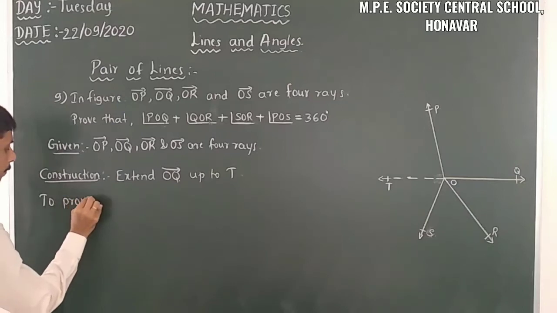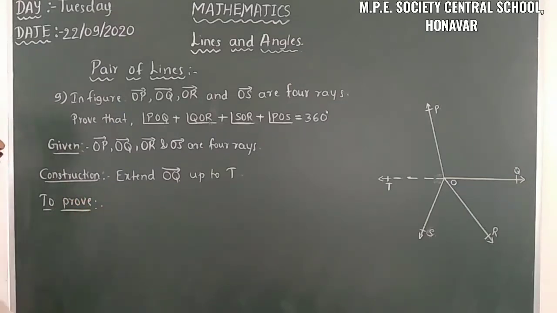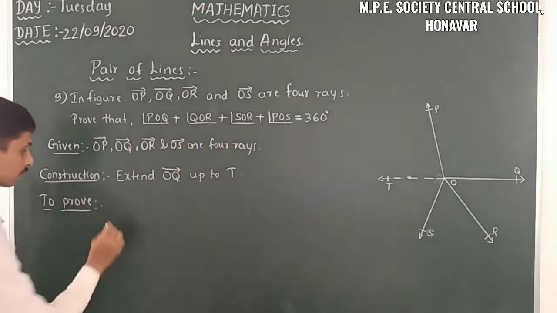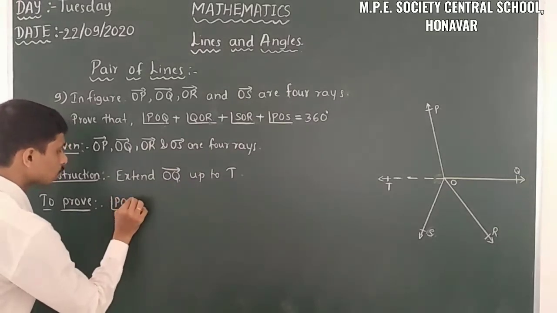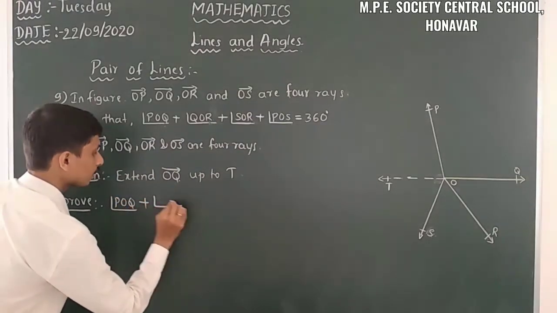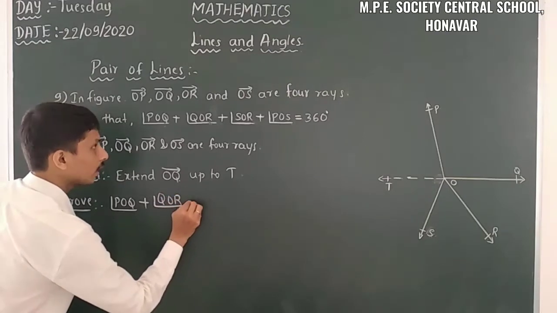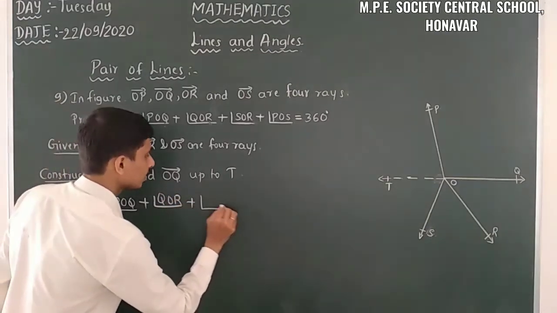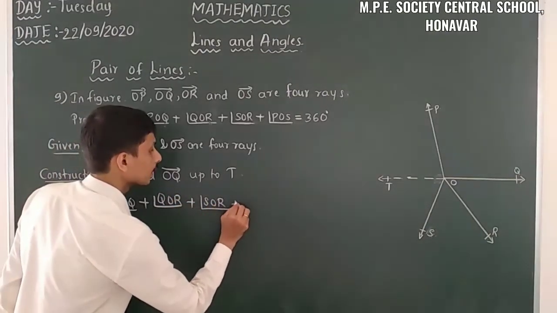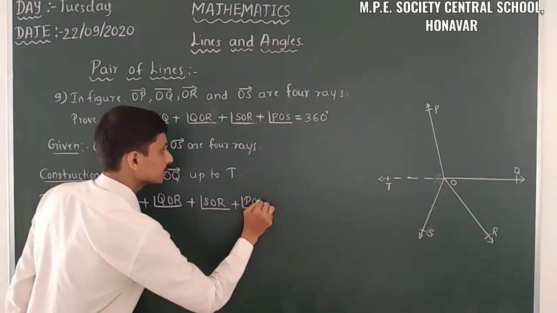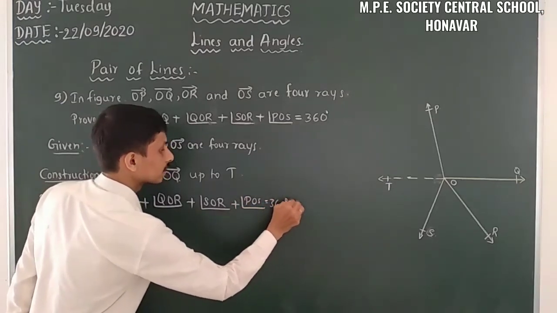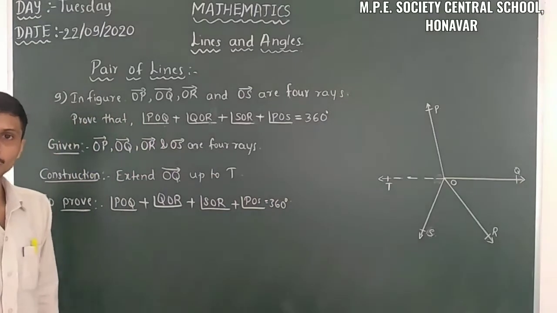To prove, we just have to write this one: angle POQ plus angle QOR plus angle SOR plus angle POS is equal to 360 degrees. We have to prove this.